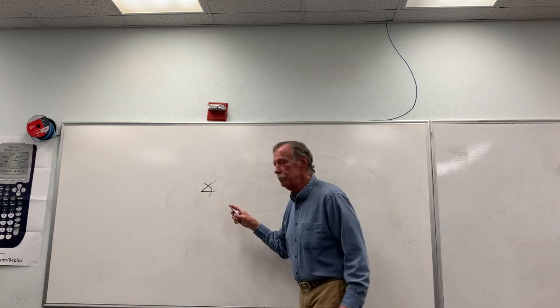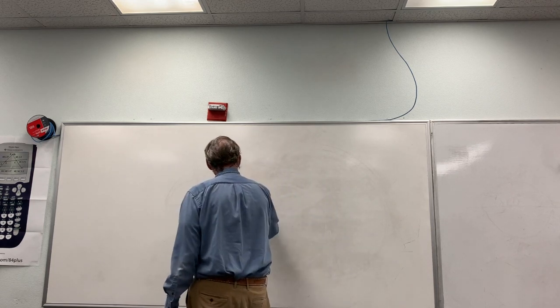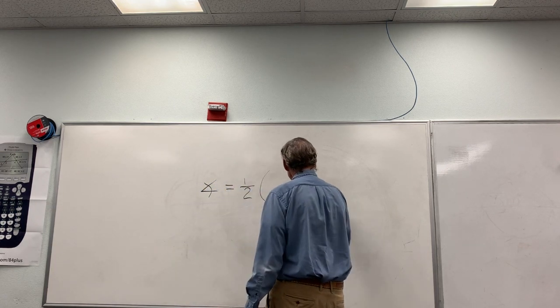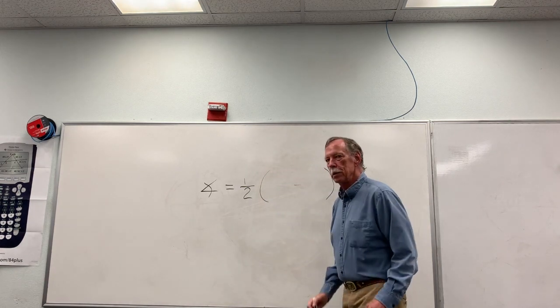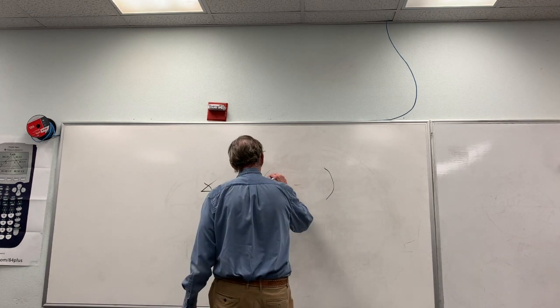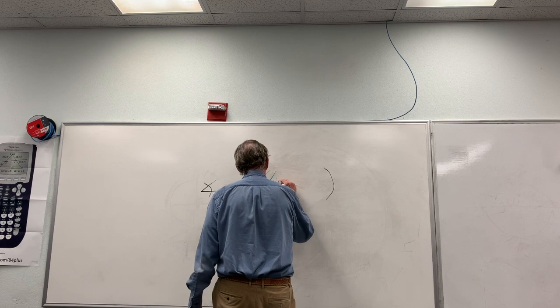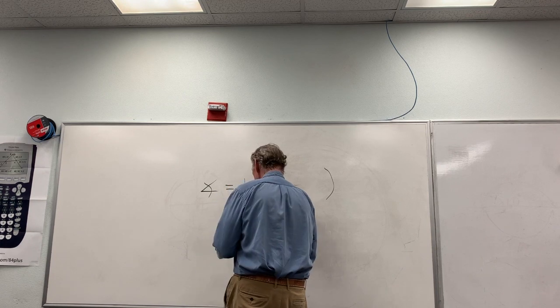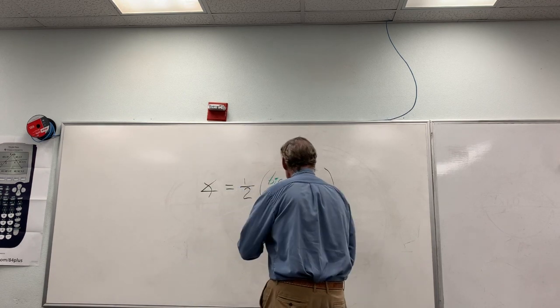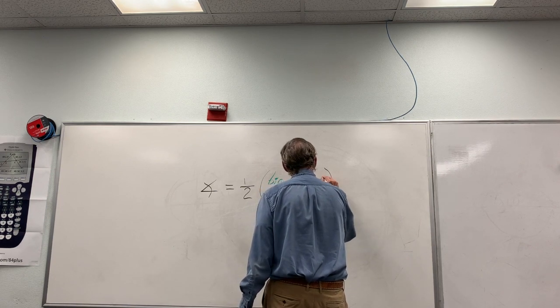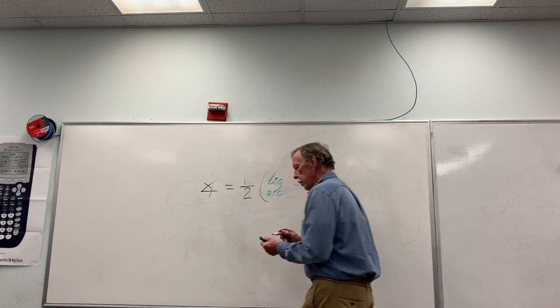The angle equals 1/2 the difference between the big arc and the small arc.